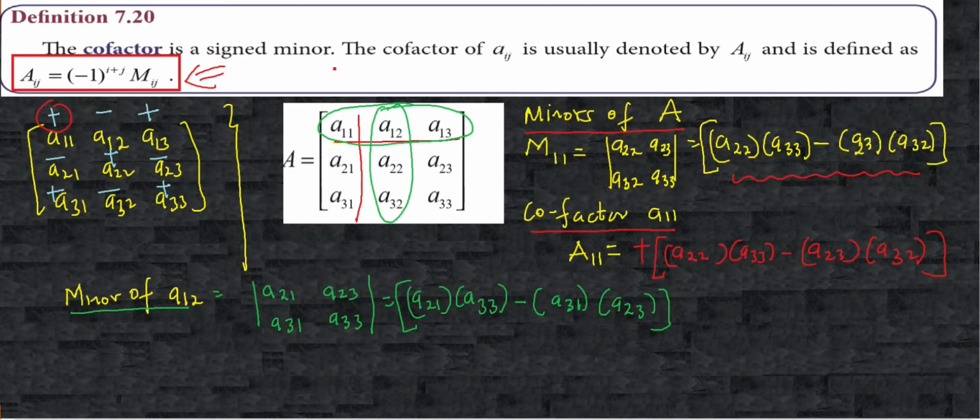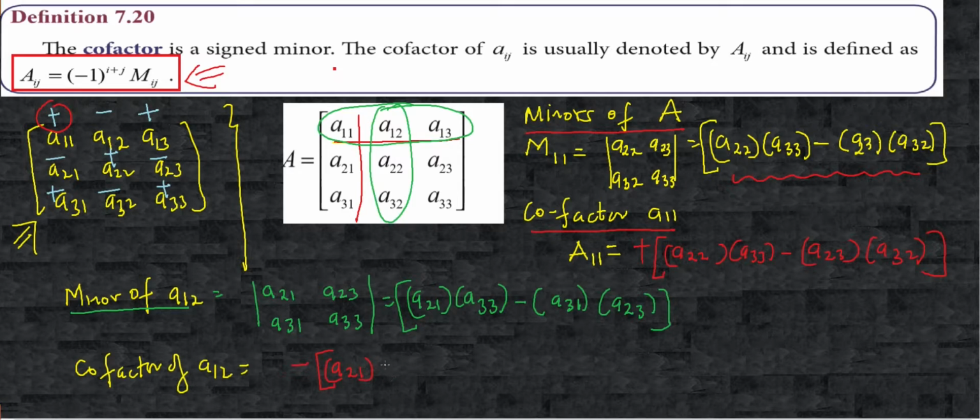Now, if you want to write the cofactor of A12, go back to the elements which I've displayed and find the sign which is on the head of A12. In this case, it is a negative sign. Open the parenthesis and place all the elements that you obtained for the minor of A12.